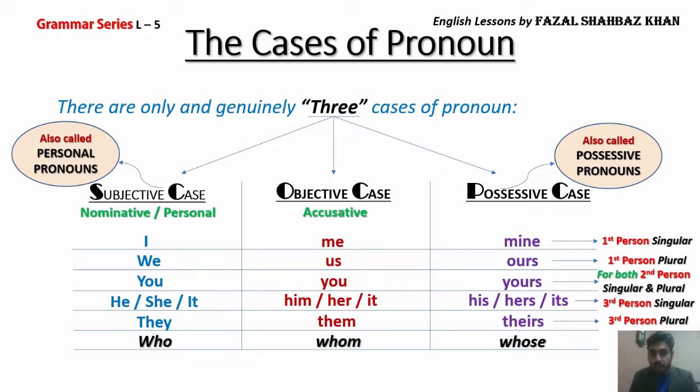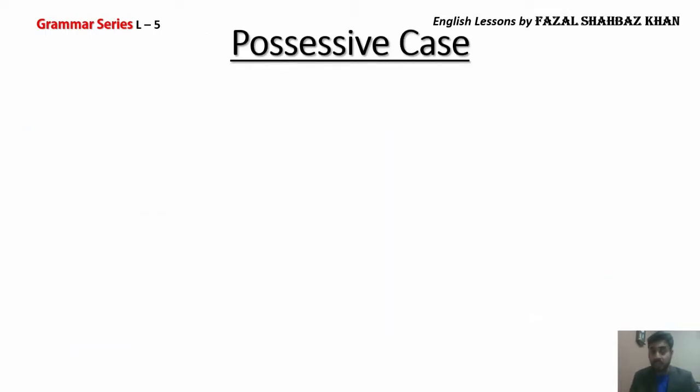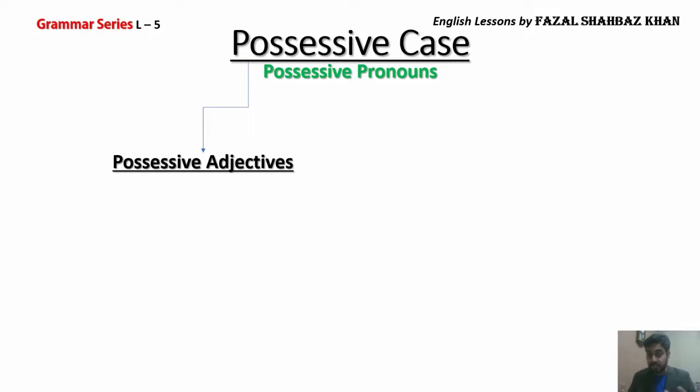Now let me repeat, there are only three cases as you can see here, but there is a case, the possessive case, or in other words possessive pronouns, that forms two different categories from itself. The first of which comes out to be possessive adjectives. Now what are adjectives?